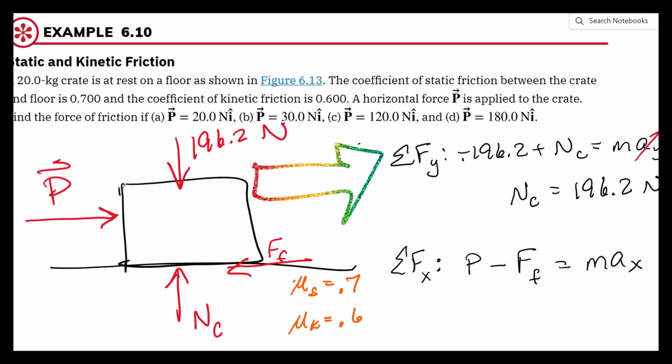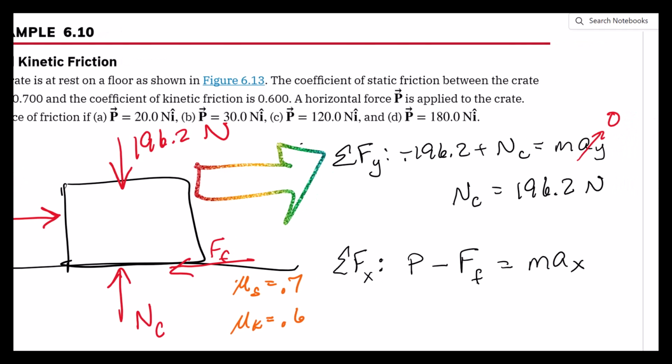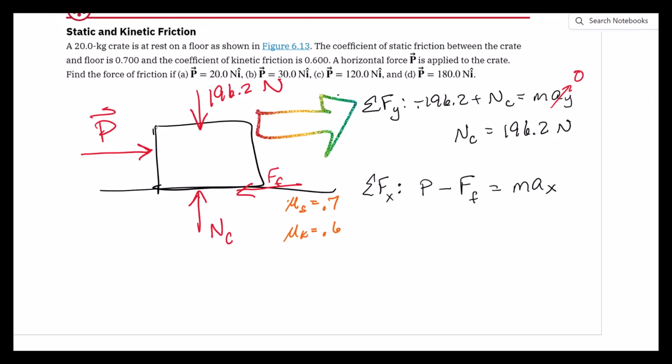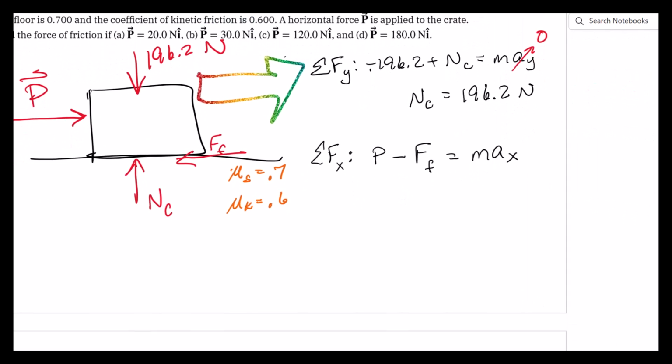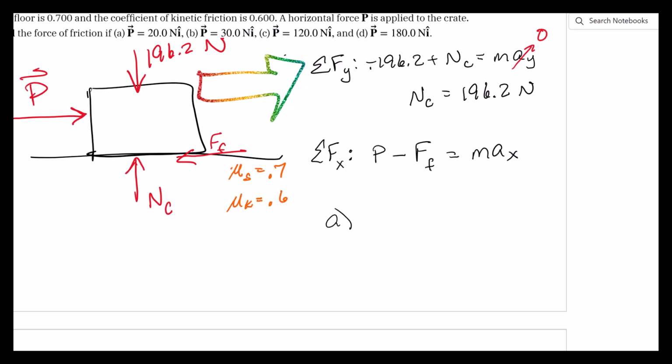So if I look at case A, the magnitude of P is 20, and it's all in the i-hat direction. So I do know that the force of friction has to be less than or equal to mu sub s times the normal, because right now I don't know whether it's moving or not.